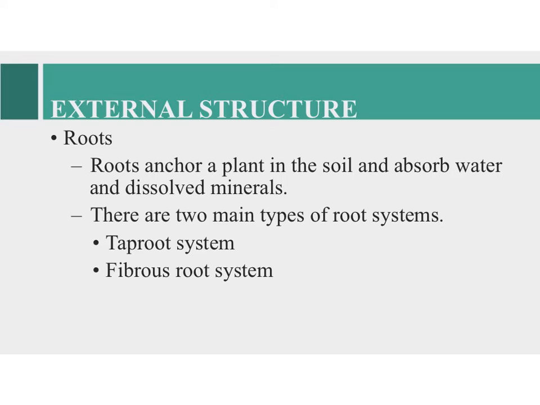Whereas fibrous roots have many thin roots fraying out. Fibrous roots have clusters of roots, and they all stem out in mostly the same sizes. Grasses and things like that typically have fibrous roots, okay?